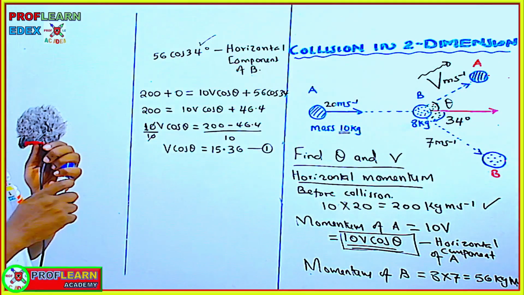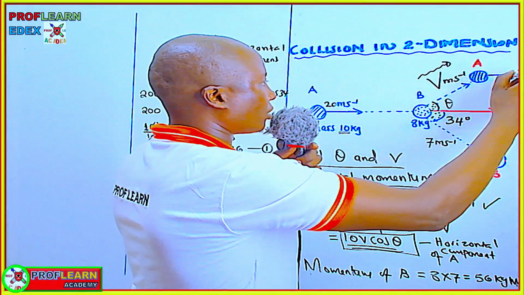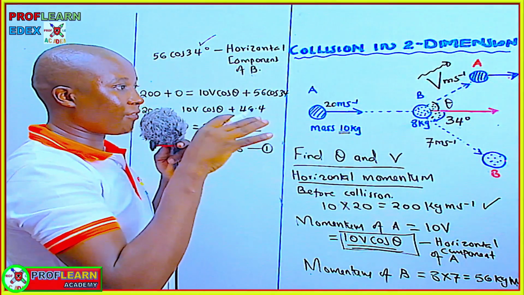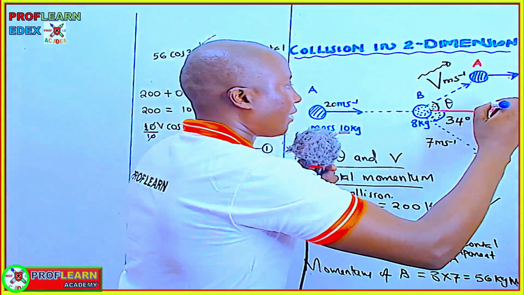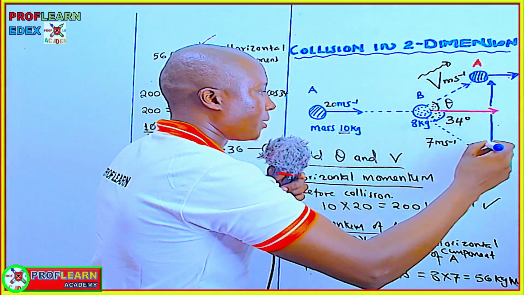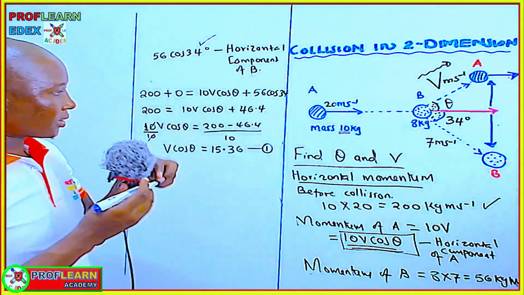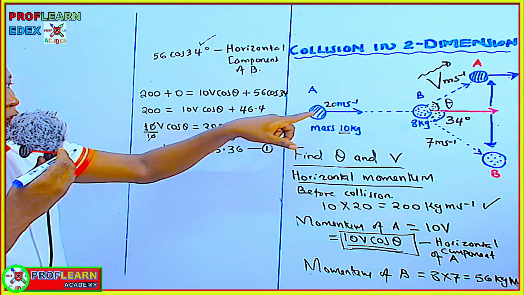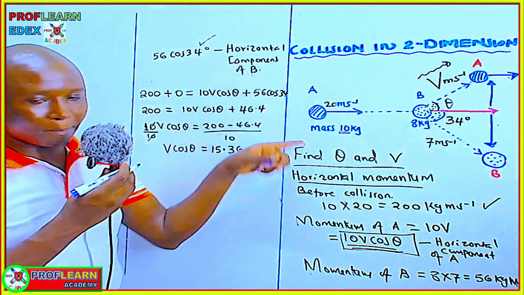The next thing that we are going to consider is that this object is moving, having a horizontal component of momentum. It will also have a vertical component of momentum, and this one will also have a vertical component, but in the opposite direction. But this object, before collision, was moving horizontally on the x-axis, so it was neither moving up nor down.